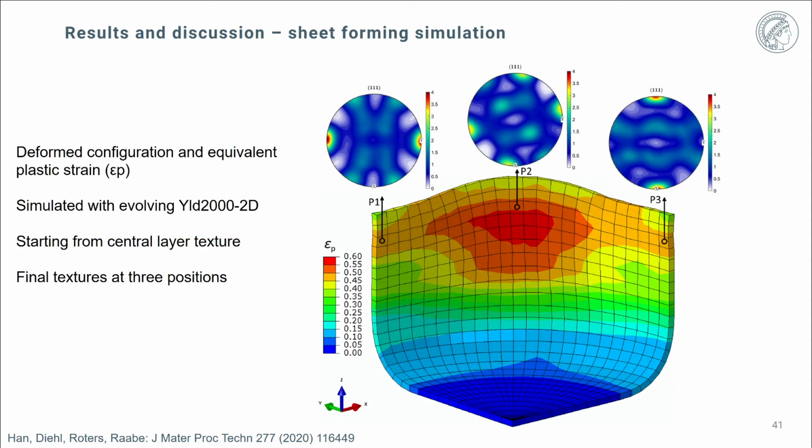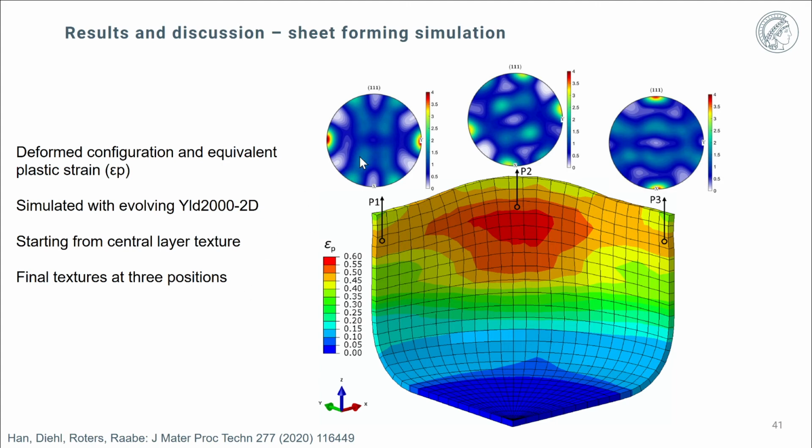This picture shows the deformed configuration and the equivalent plastic strain shown in terms of color code, simulated now with the yield 2002d. And this again considered only the central layer texture, just to show you the difference, what kind of microstructure feature you are considering.